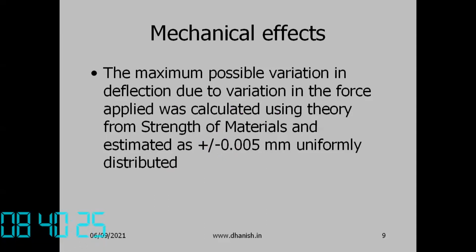Say what is the force that your hand can apply, maybe 200 grams or 2000 Newton. So for that, what will be the deformation in the gauge block or vernier? We learn this type of calculation later, in the chapter on dimensional measurement, how to compute the errors in dimensional measurement. So there we learn this in more detail. So anyway, that's why the answer is given, plus or minus 0.005 mm uniformly distributed.